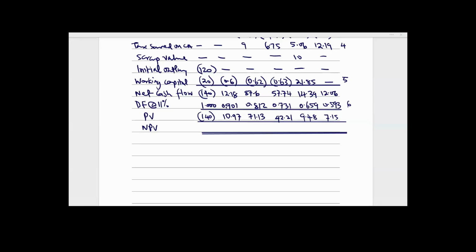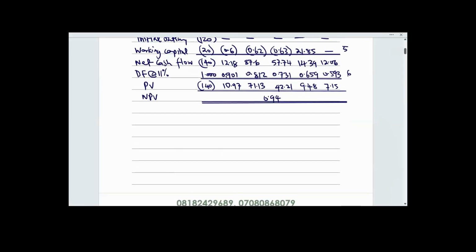So I would then say 7.15 plus 9.48 plus 42.21 plus 71.13 plus 10.97, then minus 140, equal 0.94 positive. 0.94 is the net present value.